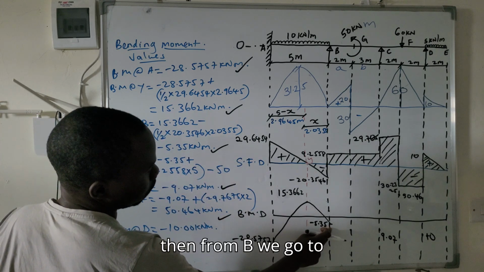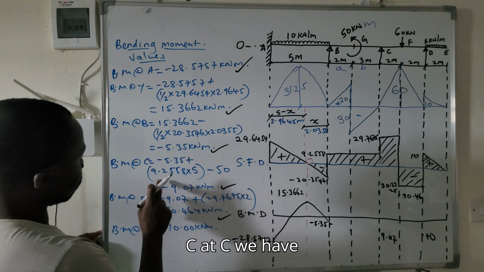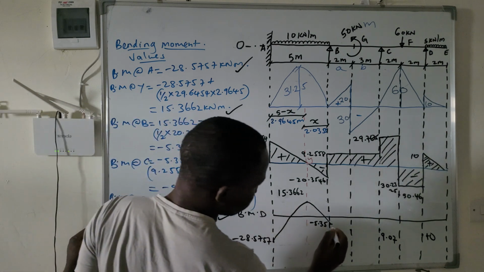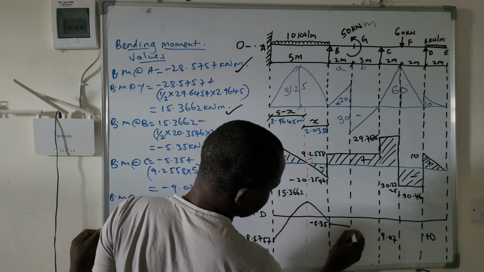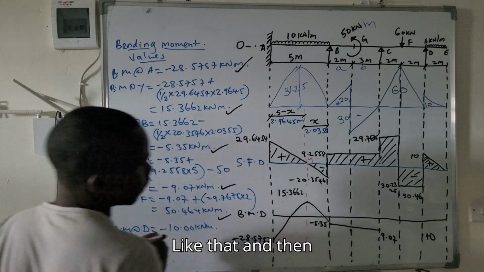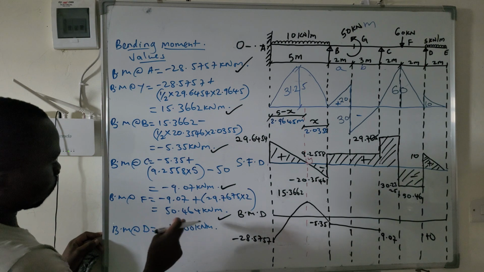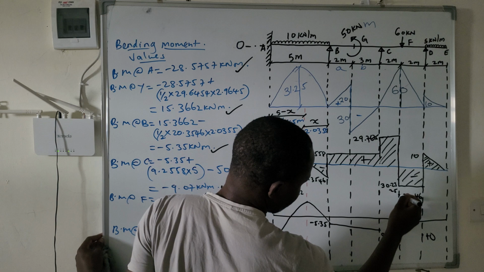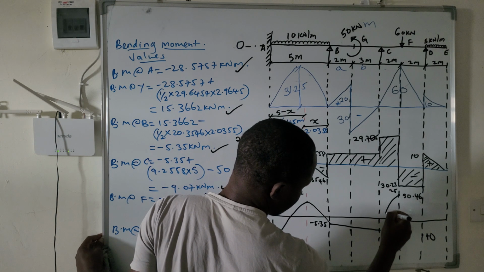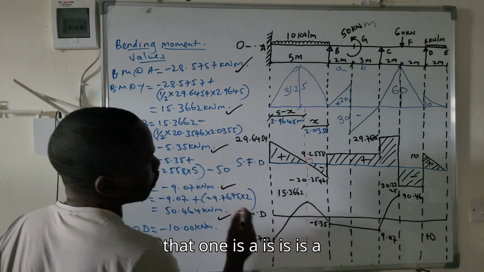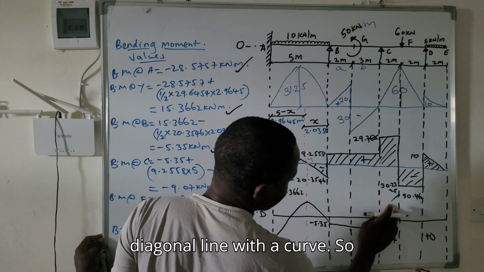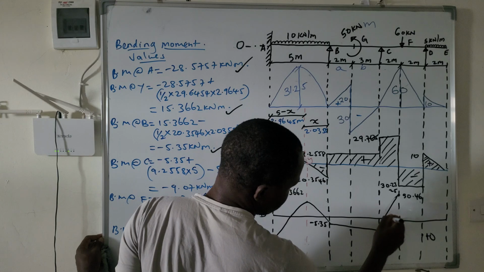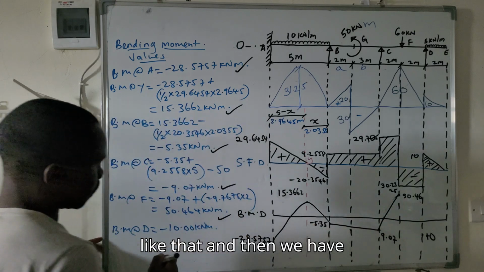And then from B, we go to C. At C, you have negative 9.07. So a diagonal line like that. And then we have at F 50.46. So 50 is here. That one is a diagonal line, not a curve. Like that.